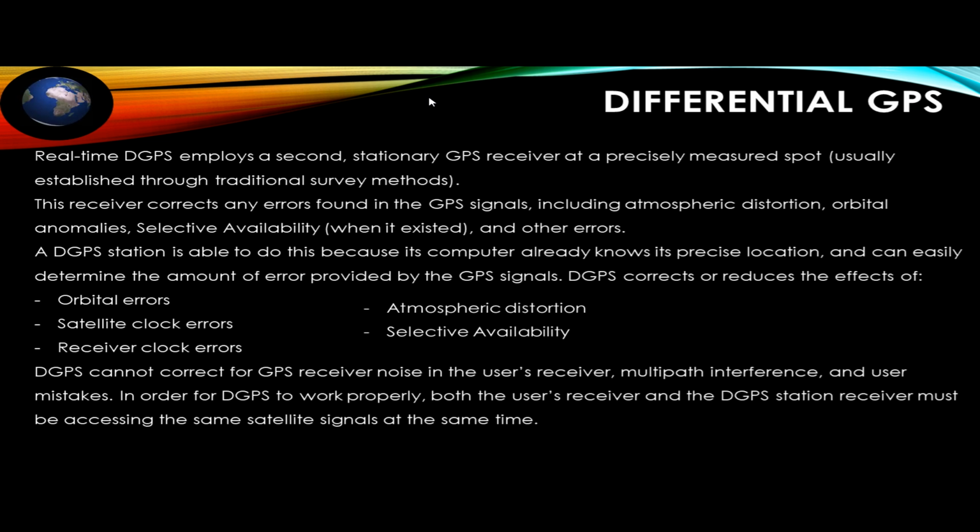See, DGPS means this is tracking the real-time information. If we have a stationary GPS receiver, one time you will get information, another time you will get information for another object. But when you track a vehicle, any object on the globe, you'll be tracking how it is moving, what time it is reaching there, and the receiver corrects the errors found in the GPS signals, if you see my third line, because it is tracking.